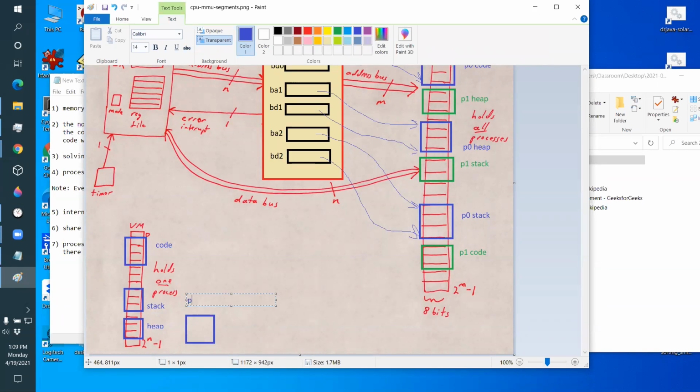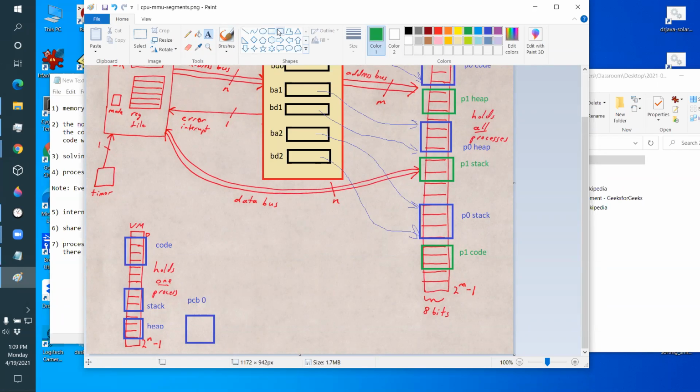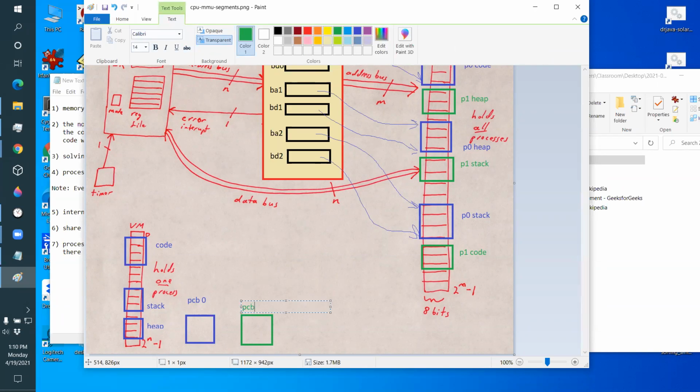So there's the process control block 0. And then there's another process control block for process 1. Okay.